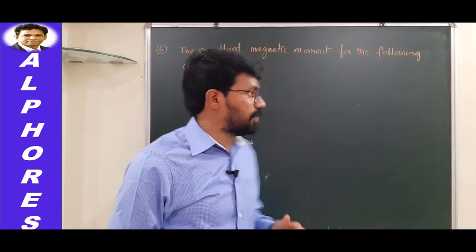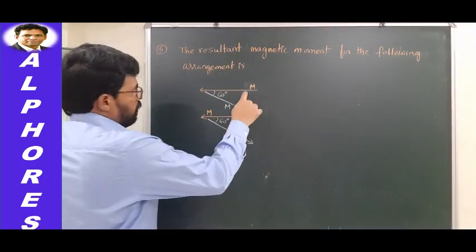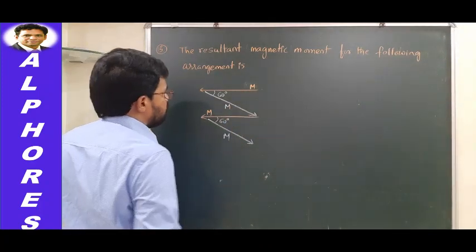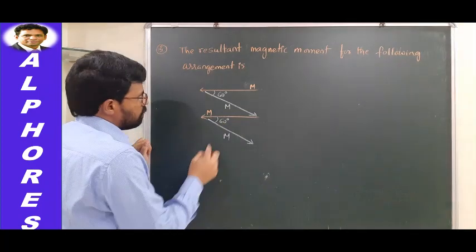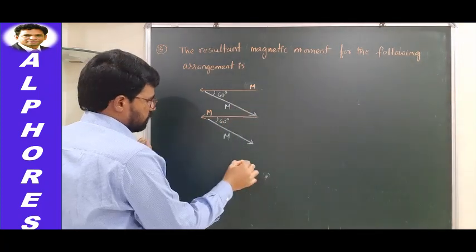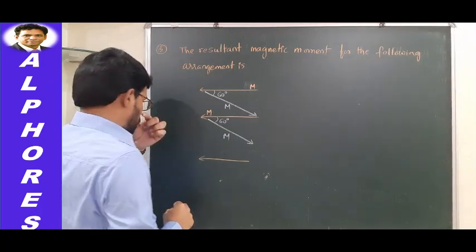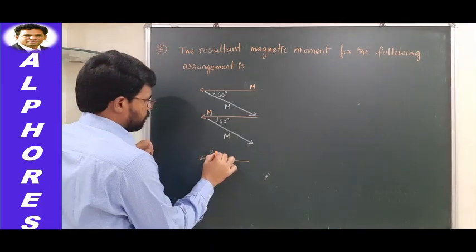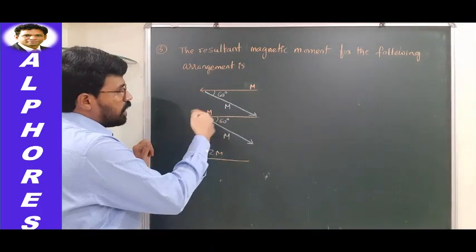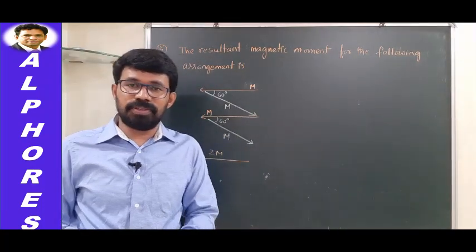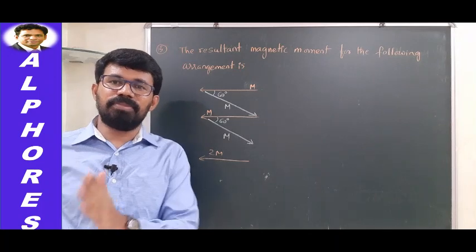Here what I'm going to do is, since these 2 magnetic moments m and m are along the same direction, I will redraw the diagram. Corresponding to these 2 m's, I will represent them with one arrow 2m, because both are along the same direction. If they are along the same direction, theta will be 0, and the resultant will be m plus m, 2m.